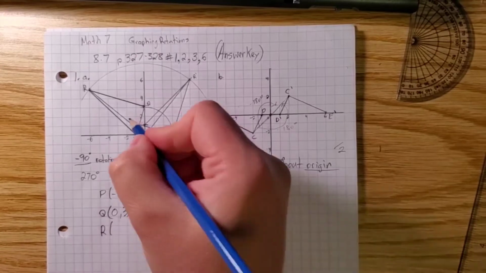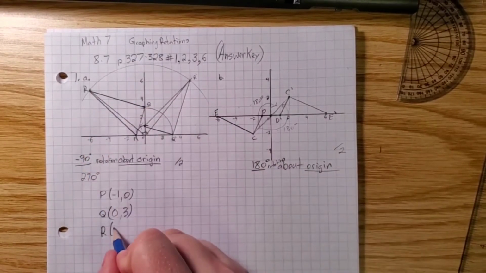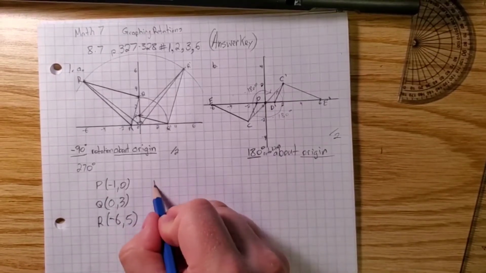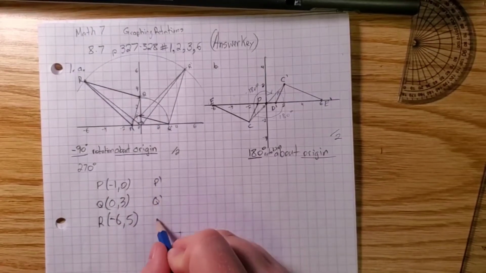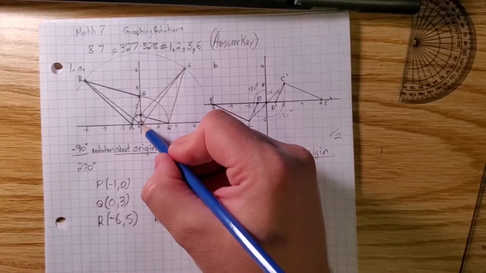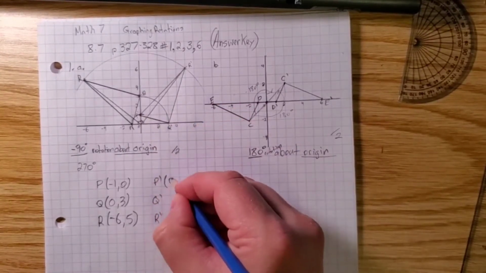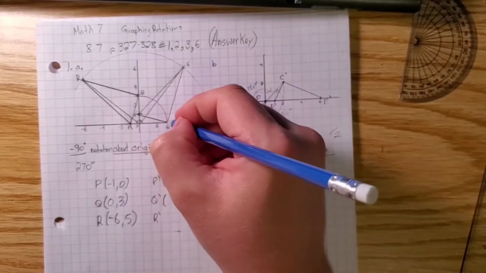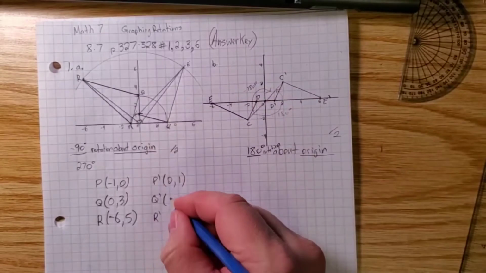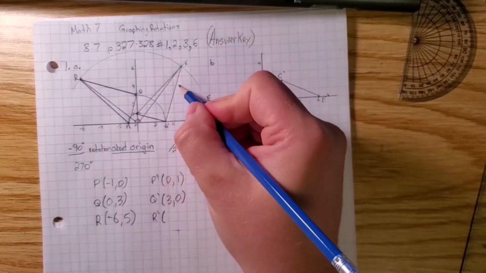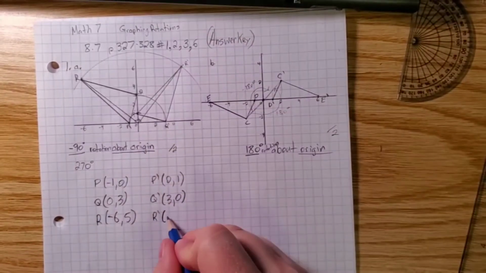And R was (-6, 5). Then let's look at our primes. P' was (0, 1). Q' was (3, 0). And R' was (5, 6).